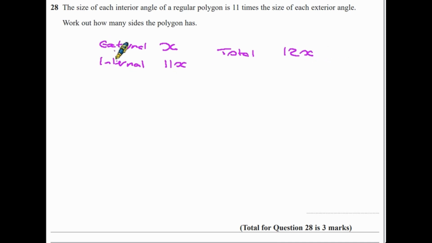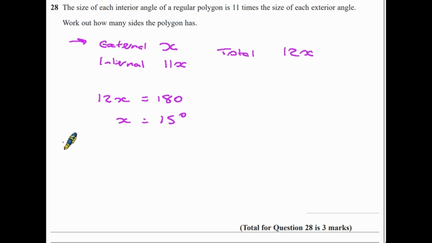Using the knowledge that the external and internal always add up to 180 degrees, that means that 12x equals 180. If we divide both sides by 12, it means that x equals 15 degrees. Now don't forget, x is the external angle. So we now have a regular polygon where each external angle is 15 degrees.